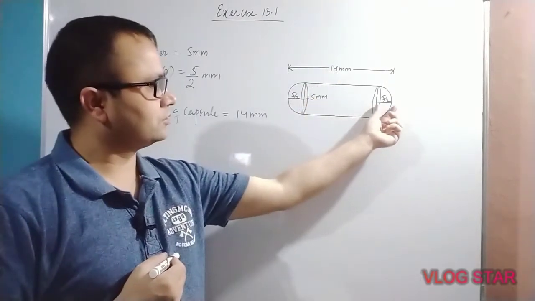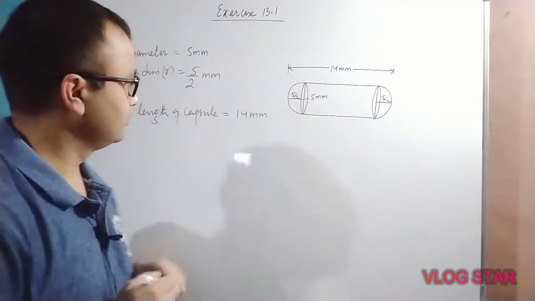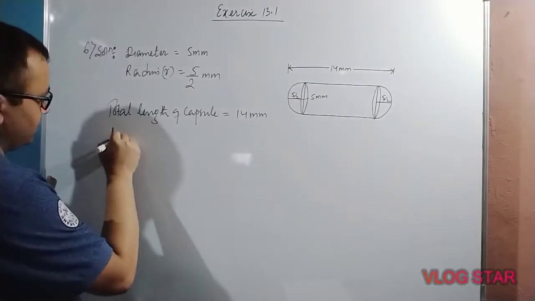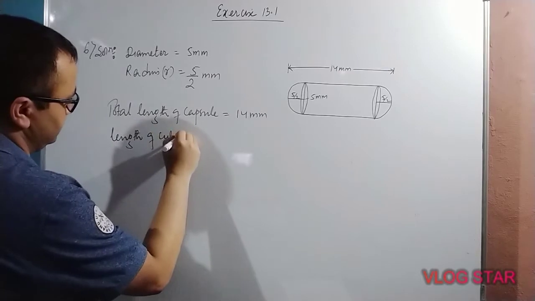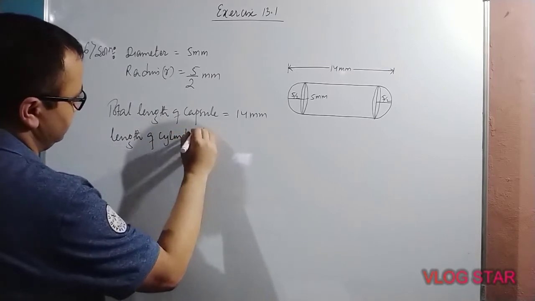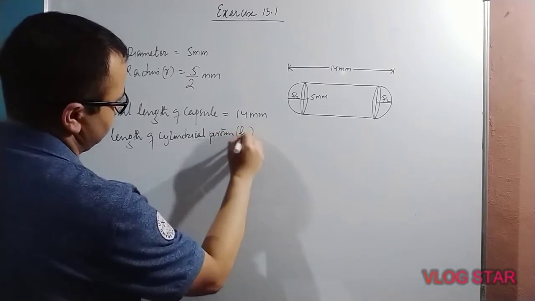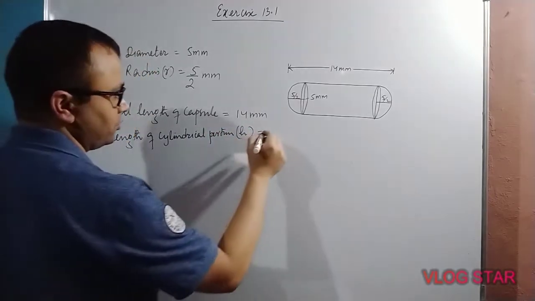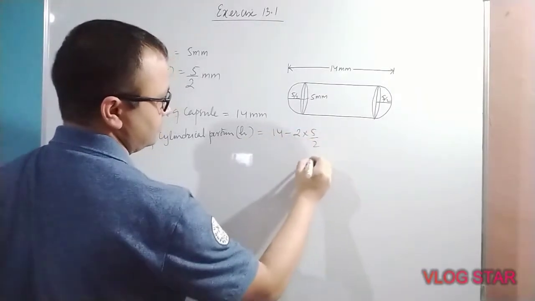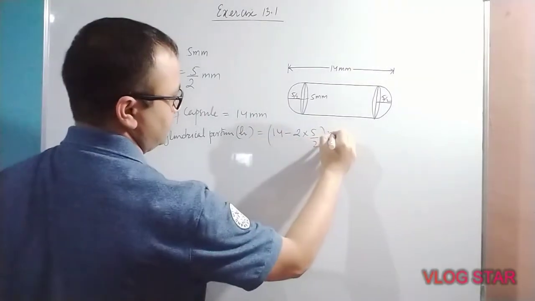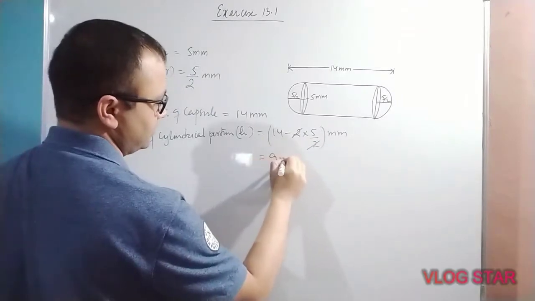The length of the cylindrical portion is represented by h. So this equals 14 minus 2 into 5 by 2 millimeter. So 14 minus 5 is 9 millimeter.